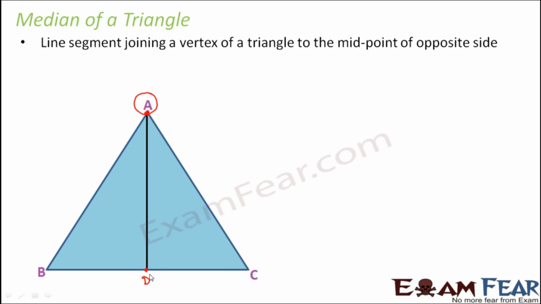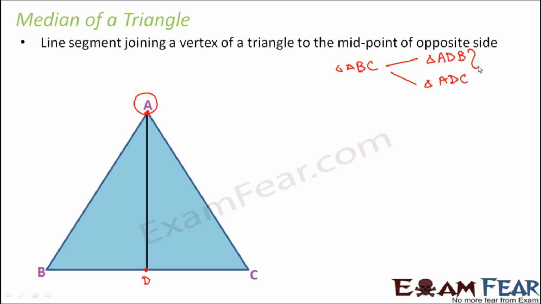And what does a median do? Once you draw this line segment, or once you draw this median, it actually divides the triangle into 2 equal triangles. So initially you had one triangle, that is triangle ABC. Now with the help of one median, you have been able to divide this triangle into 2 equal triangles, that is triangle ADB and triangle ADC.